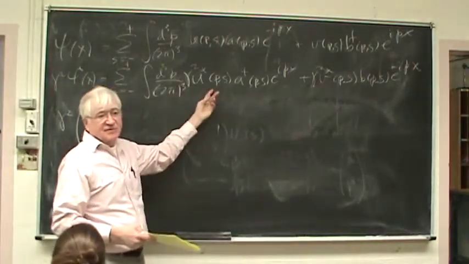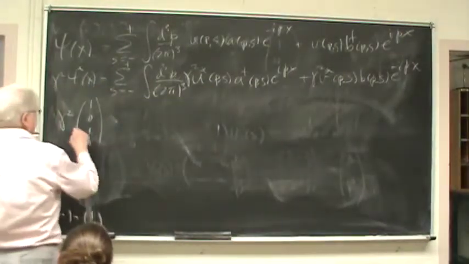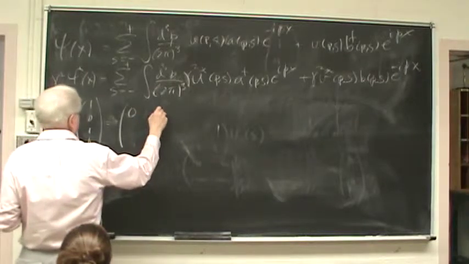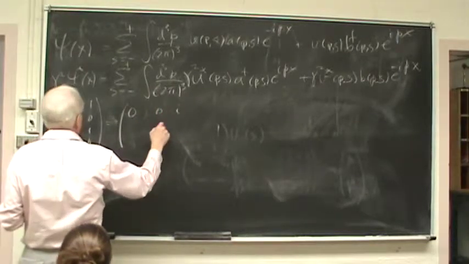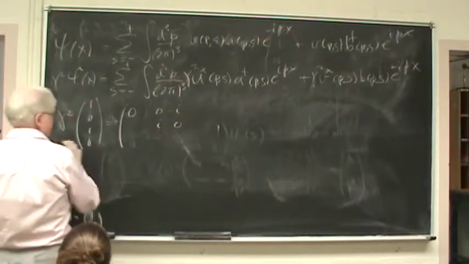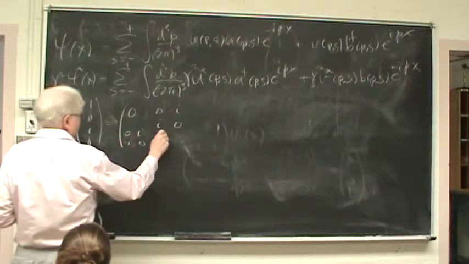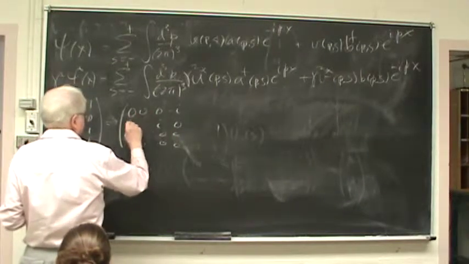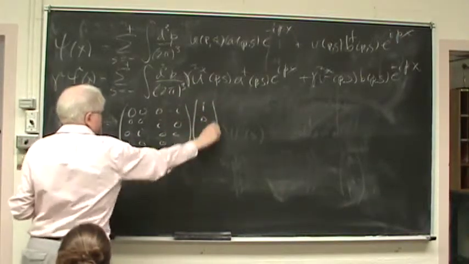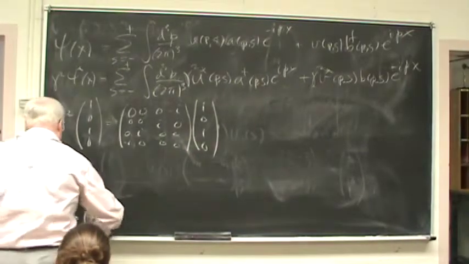Well, it does matter for non-zero p, but for p equals 0, it doesn't matter. So what happens here? This, of course, is 0, 0, minus i, 0, and then down here, it's 0, i, minus i, 0, 0, 0, 0, 0, 0, 0, 1, 0, 1, 0.